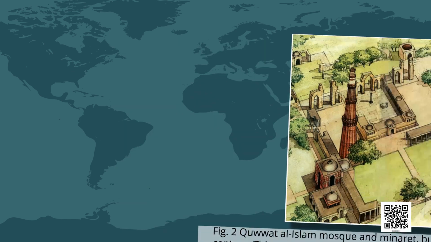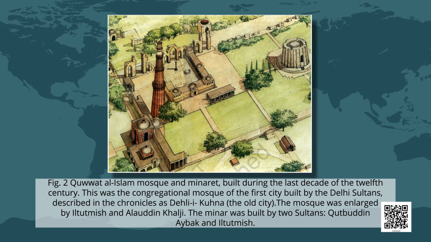So students, you see figure 2, Quwwat al-Islam Mosque and Minaret, built during the last decade of the 12th century. This was the congregational mosque of the first city built by the Delhi Sultans, described in the chronicles as Delhi-i-Kuhana, the old city.